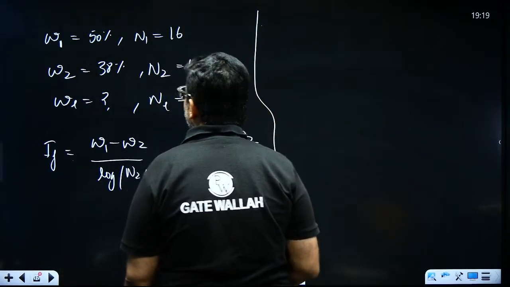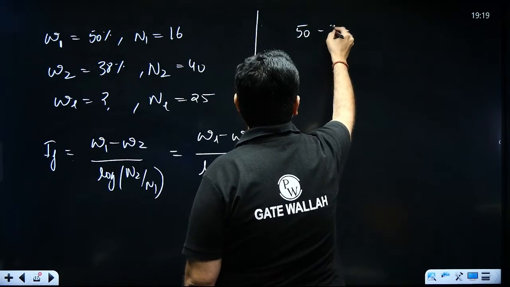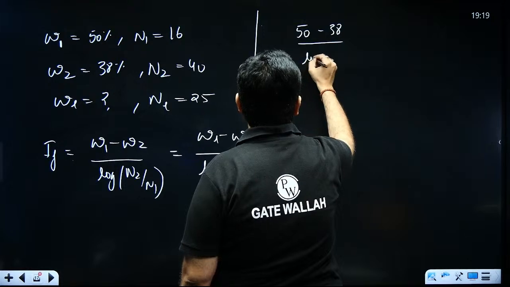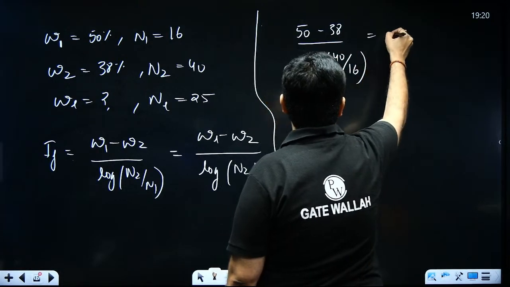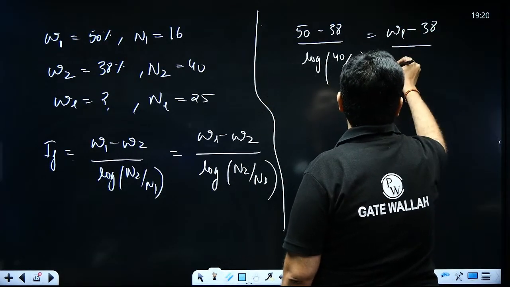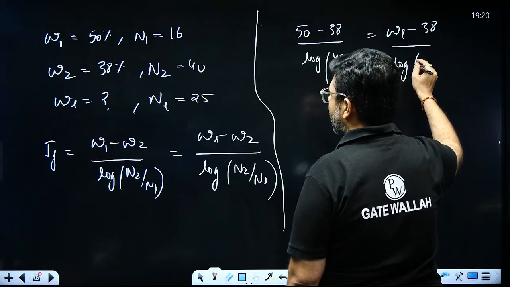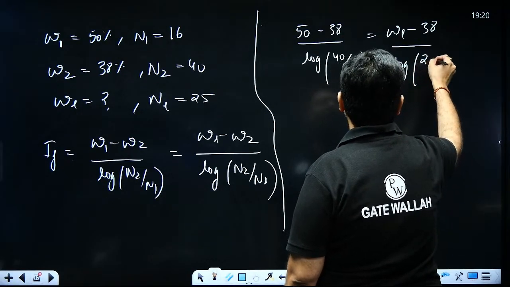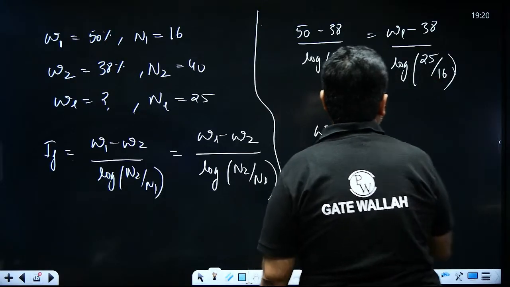That is W1 is 50% minus 38% log of 40 by 16 is equal to WL minus 38% log of 40 by 25, correct. Find out liquid limit in percentage from here.